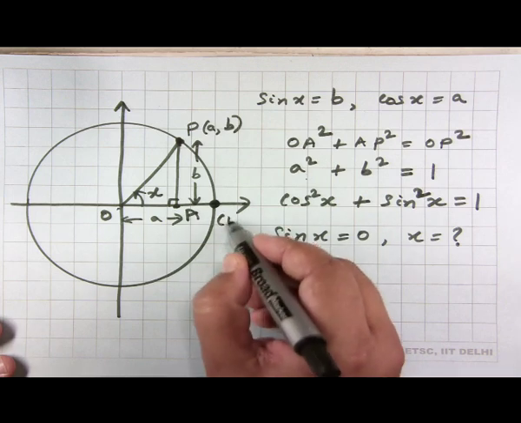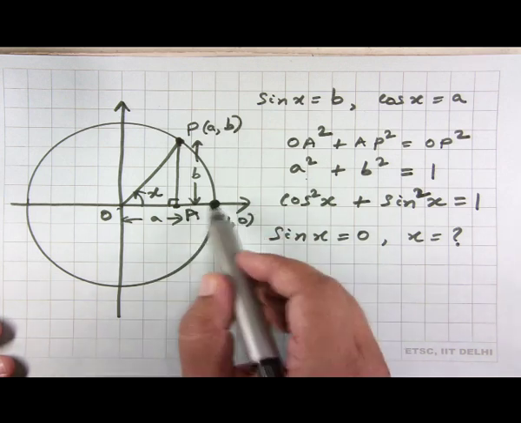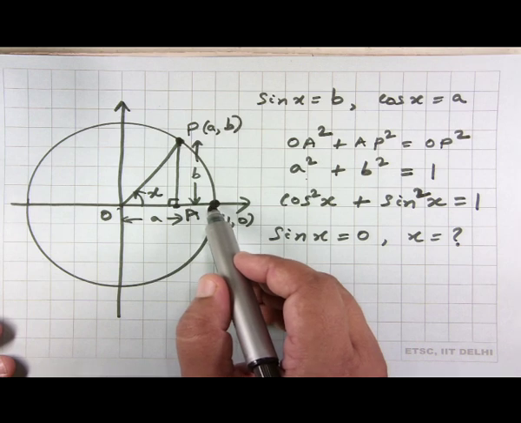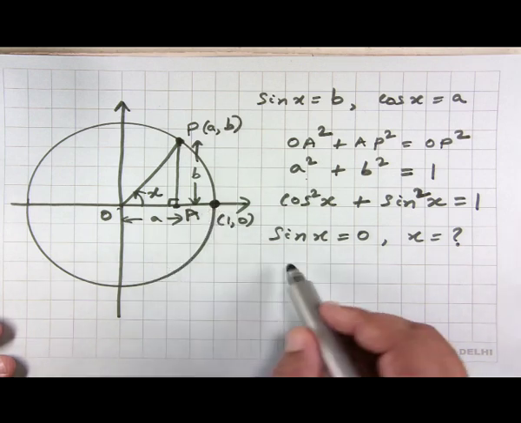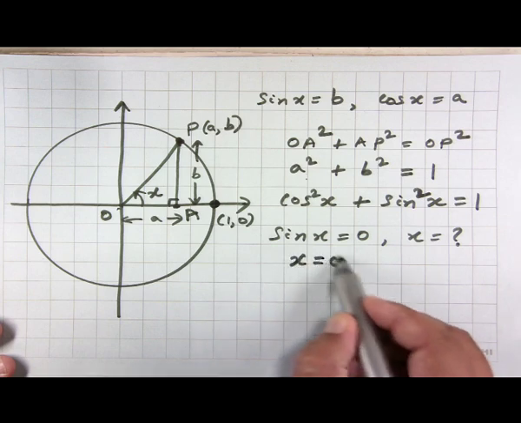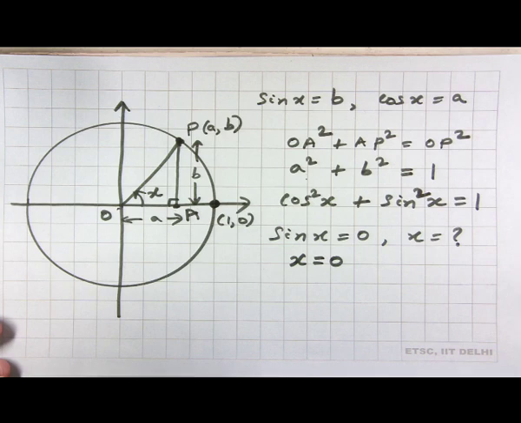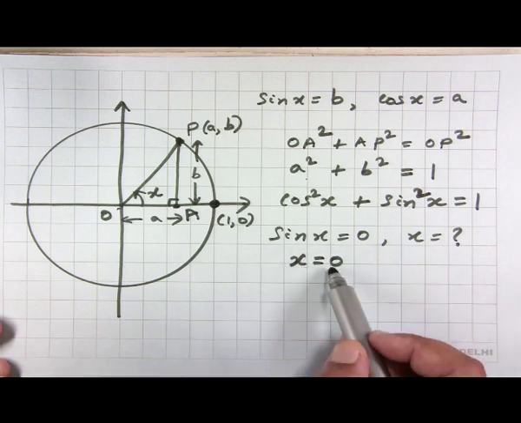which is (1, 0). Now, for this point the angle x is equal to 0. So, this is one solution, that sin x is 0 when x equals 0.